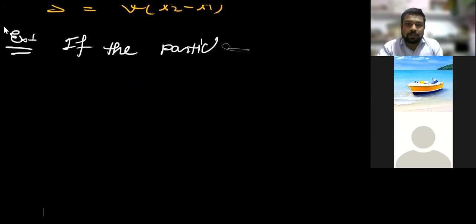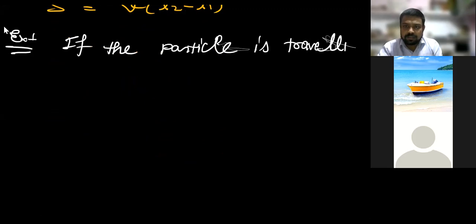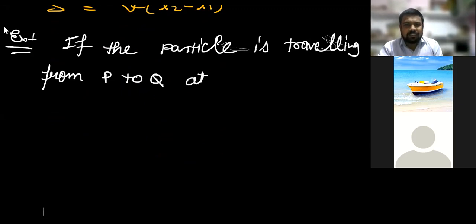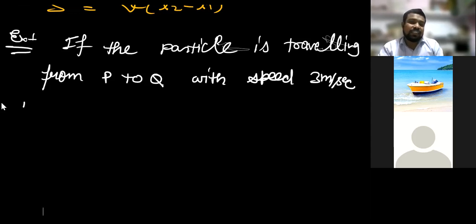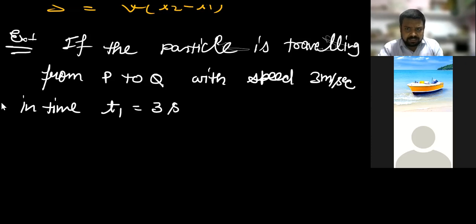And if the question is asked like this: the particle is traveling from P to Q with speed 3 meter per second in time t1 equal to 3 seconds.